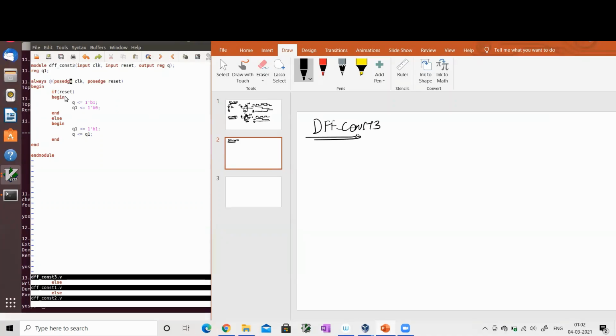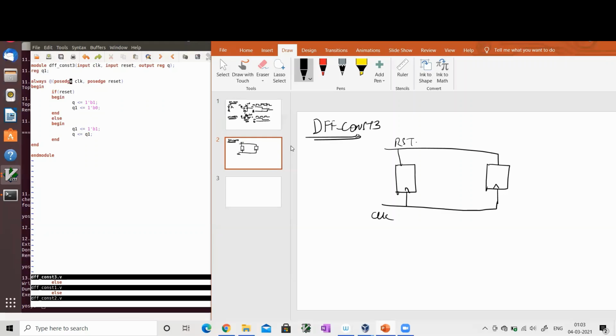So now what is happening upon reset? There are 2 flops. Both are getting the same clock and same reset. But Q is becoming 1'b1 upon reset, and Q1 is becoming 1'b0.